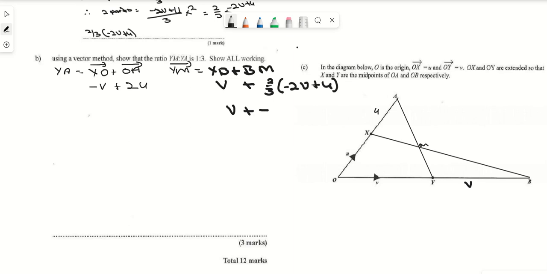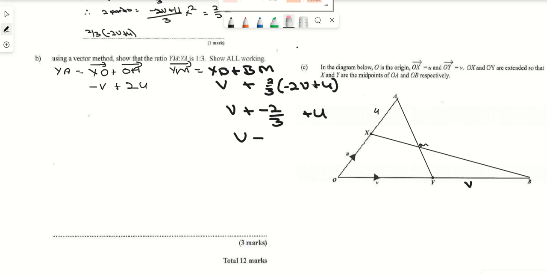That's V plus 2/3 open bracket minus 2V plus U. Sorry, I didn't open the brackets.